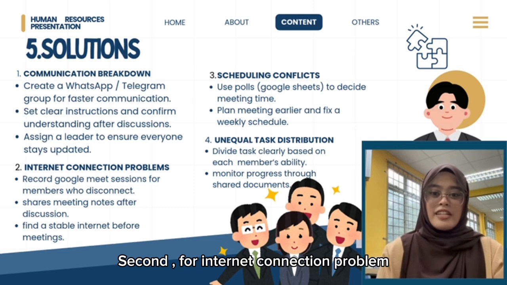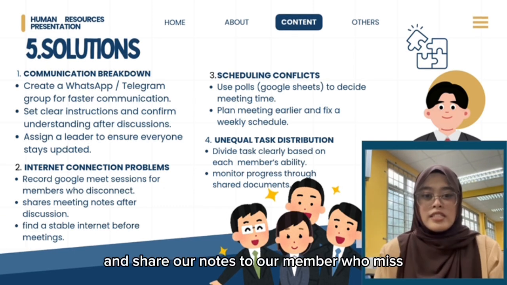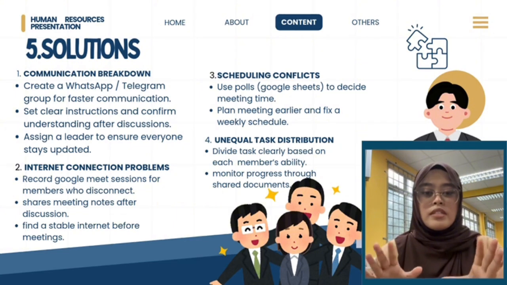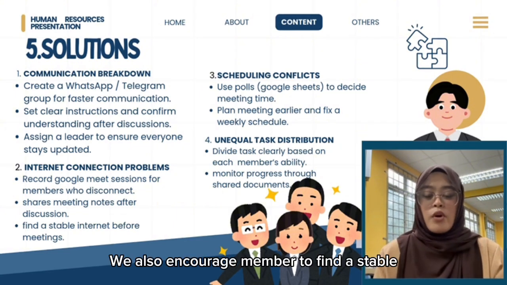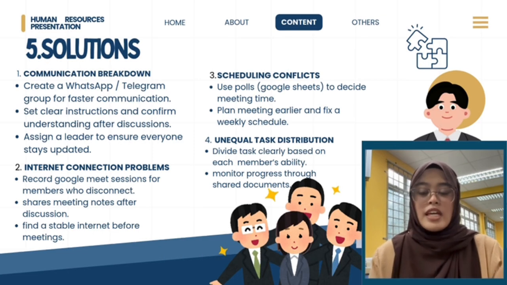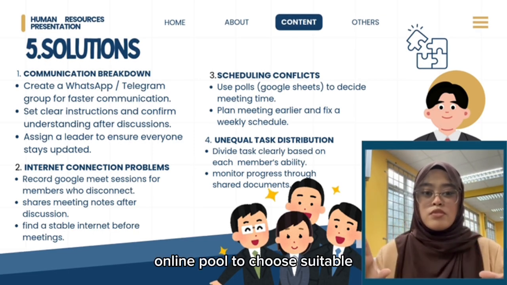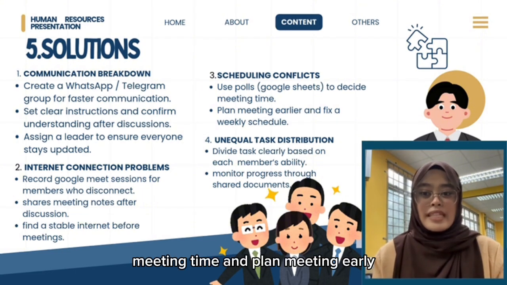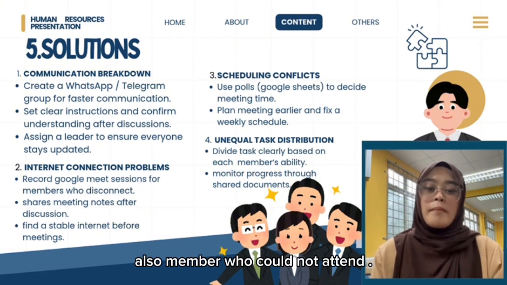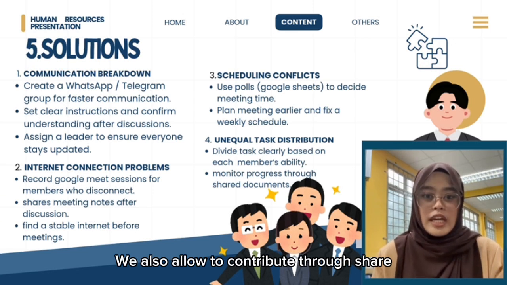Second, for internet connection problems, we recorded the Google Meet sessions and shared our notes with members who missed the discussion. We also encouraged members to find a stable internet connection before joining our meetings. Third, to solve schedule conflicts, we used an online poll to choose a suitable meeting time and planned meetings early. Also, members who could not attend were allowed to contribute through a shared document.